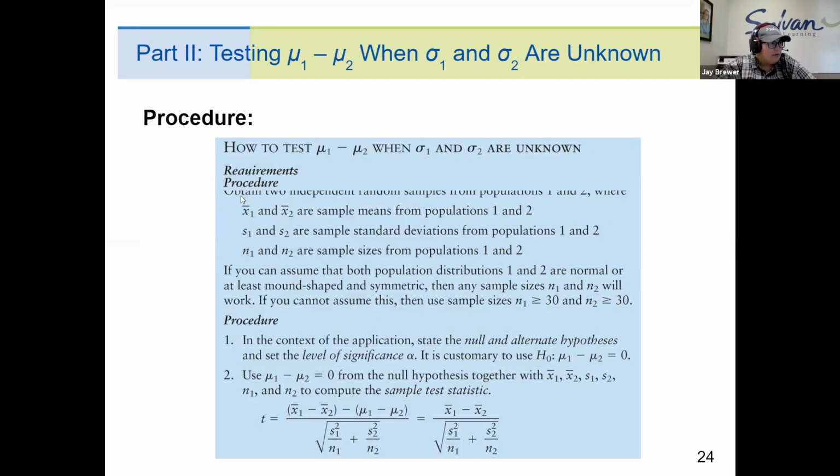That requirement top line says obtain 2 independent random samples from populations 1 and 2. So that's probably in your textbook if you don't want to write it from off the slide, but that is what that says.